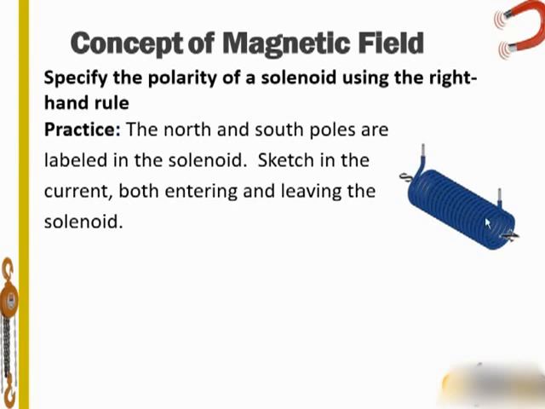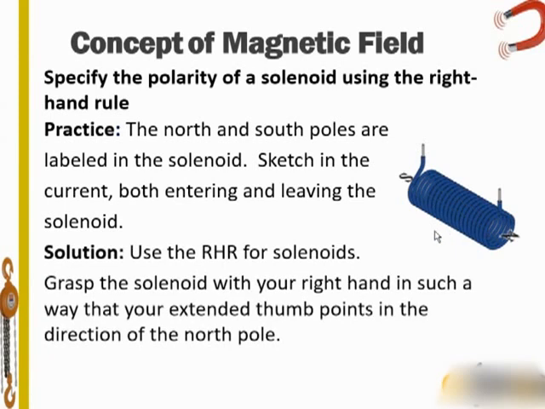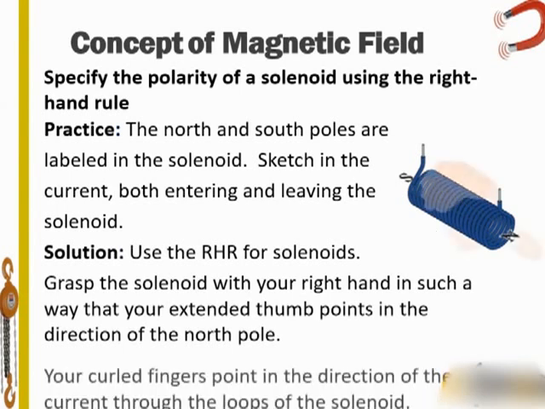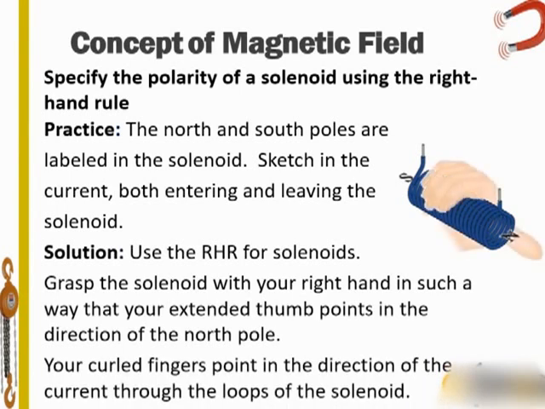Well, quite easily. What you would need to do, again, is to use the right-hand rule for solenoids. Now remember, there is a right-hand rule for straight line wires in terms of current going through a straight line wire, and that's different to the right-hand rule for solenoids, because in this particular case with solenoids, your fingers represent the direction of the current.